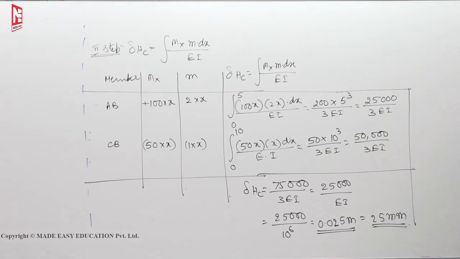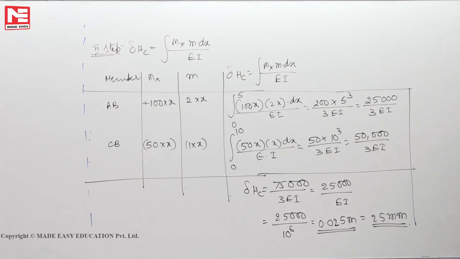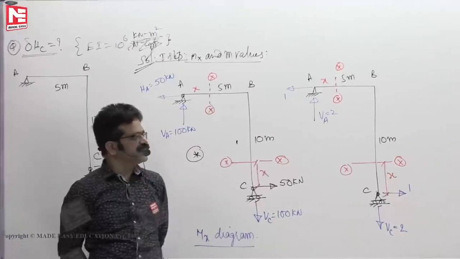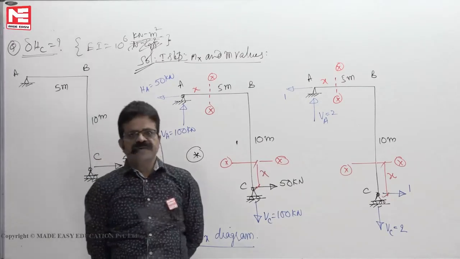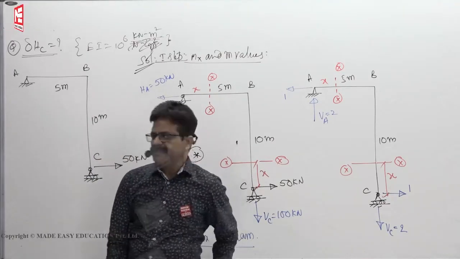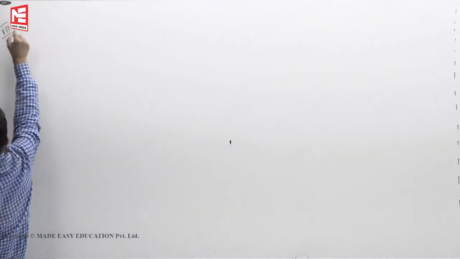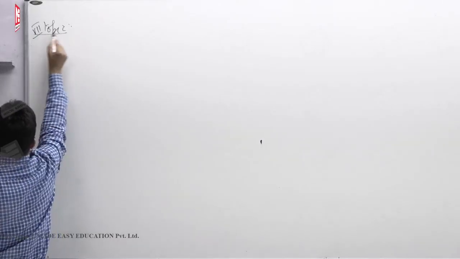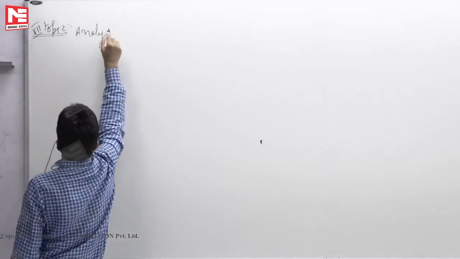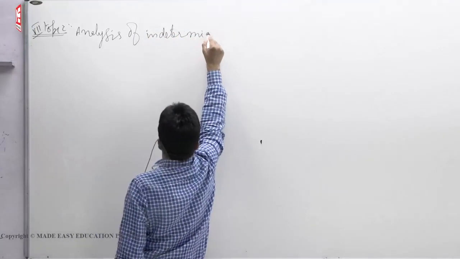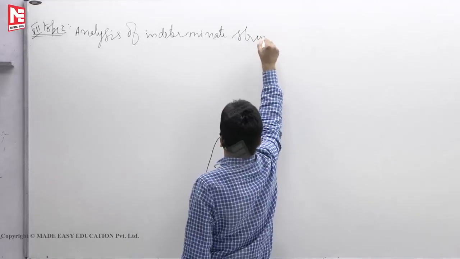So this is about the deflections of statically determinate frames. Okay, next we will see the analysis of indeterminate structures by moment distribution, slope deflection methods, and later on matrix methods of structural analysis we will take. Okay, today we discuss the seventh topic, analysis of indeterminate structures.